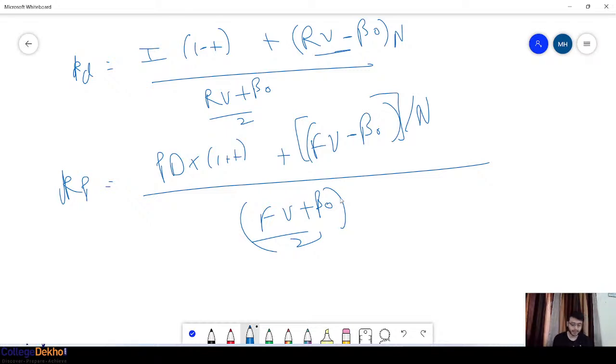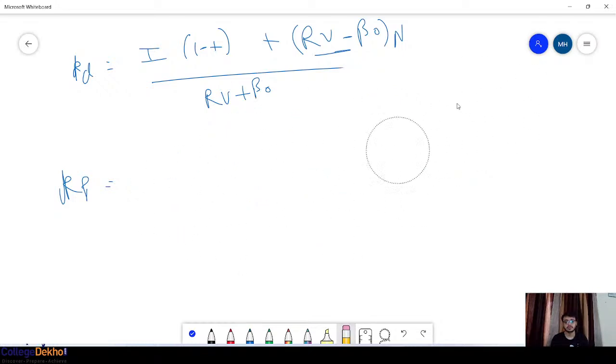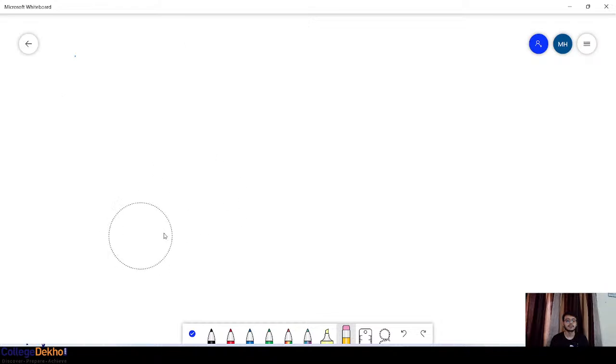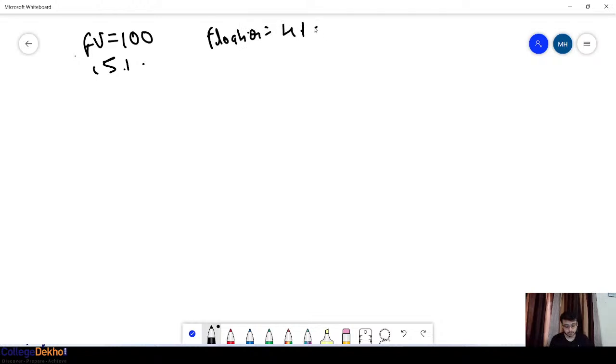Just look at this formula. Now we'll try to do one practical aspect. In the question they mention face value is 100, 15% is the preferred dividend, flotation cost is 4%, and time is 10 years.